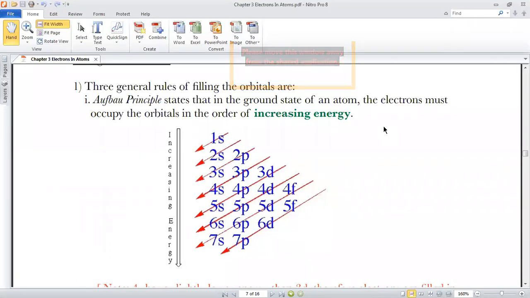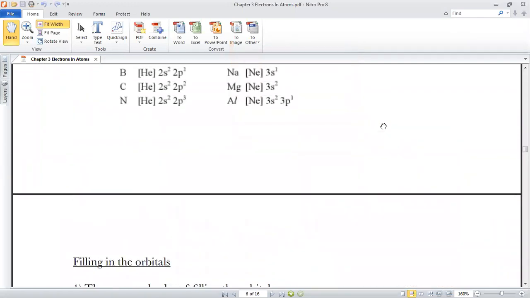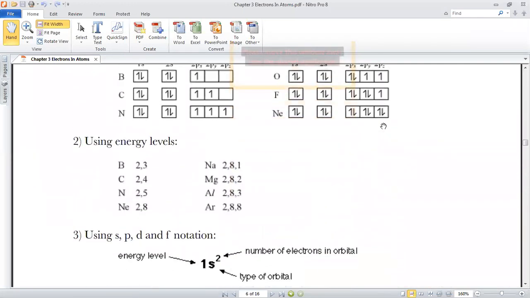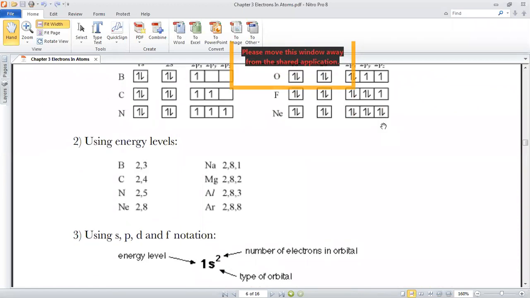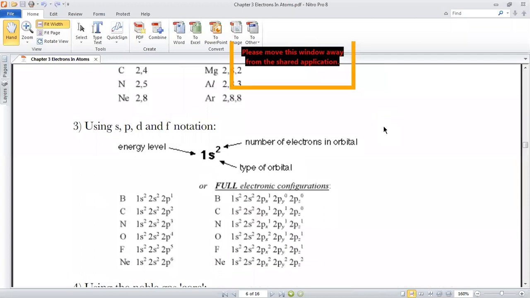For that case, if you see boron, in O levels you write 2, 3, but in A levels you know that this has electron subshells, and we have to follow the subshell electronic configuration. Boron has 5 electrons.